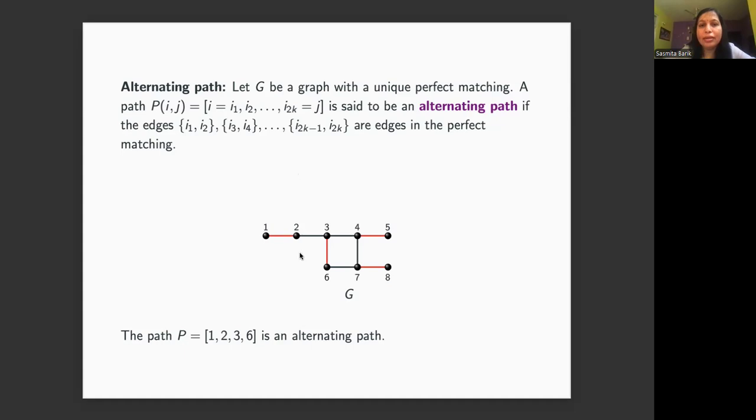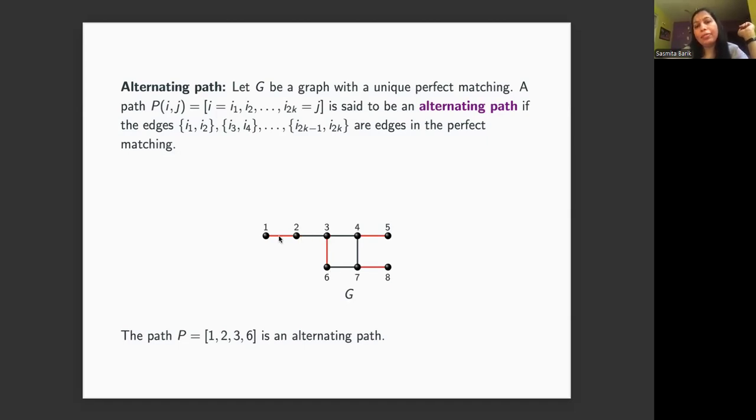So like here in this example you can see, if I take a path from 1 to 2, that starts at 1 and ends at 2. So that uses only one matching edge. So that's an alternating path, because that is a trivial one. It starts and ends with a matching edge, and there are no other edges, so we don't have to think about it. But if I go from 1 to 6, then I'll use 1 to 2, 2 to 3, and 3 to 6.